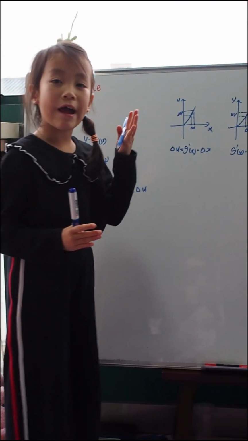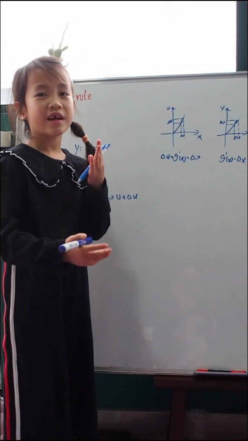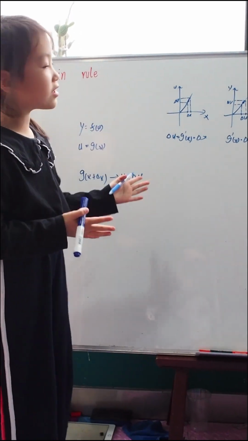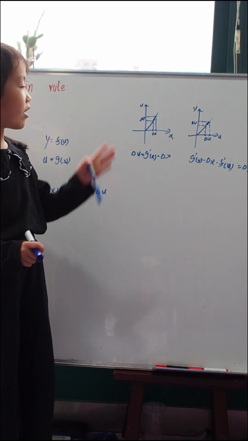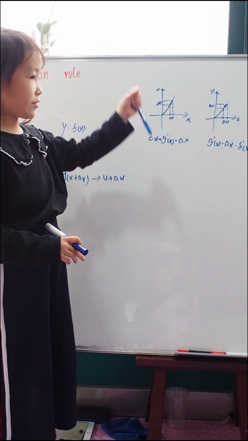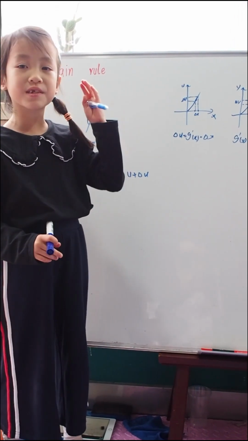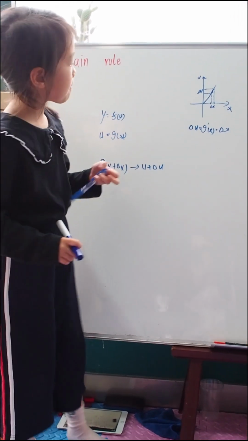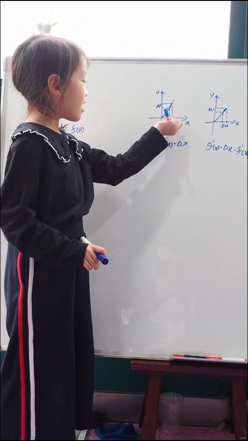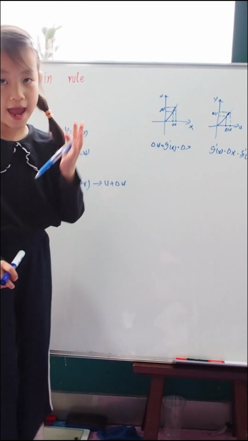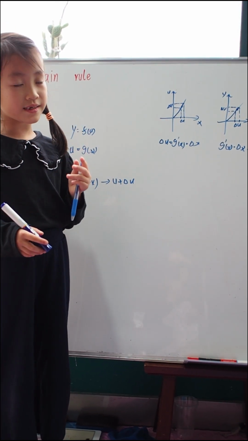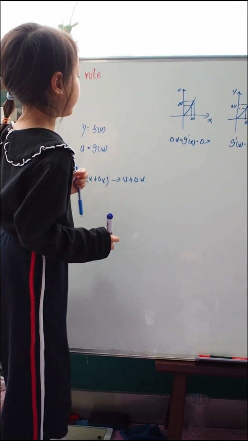But now we have a problem. Sometimes if you have a function, it's hard to find the average slope. For example, if the function is x squared, every time the slope is not the same, so it's hard to find the average slope. So we have an idea: shrink delta x to dx, that means it's less than an epsilon radius, so we can't see it.